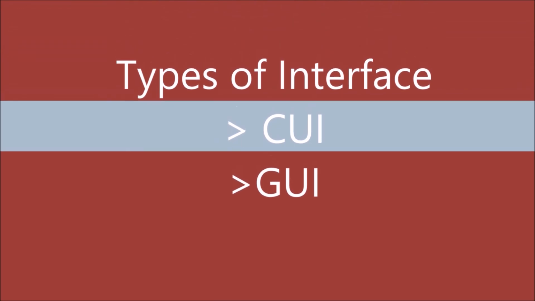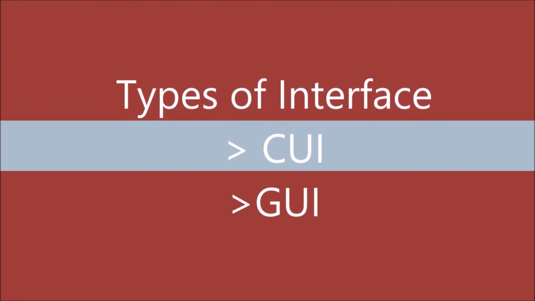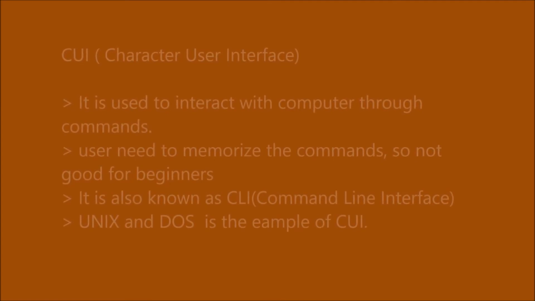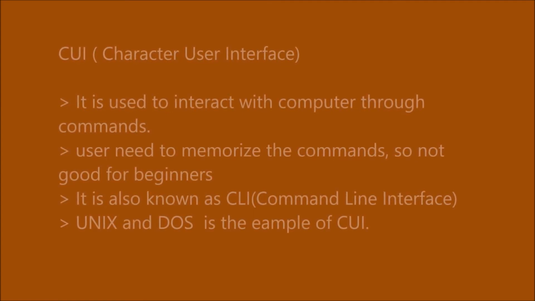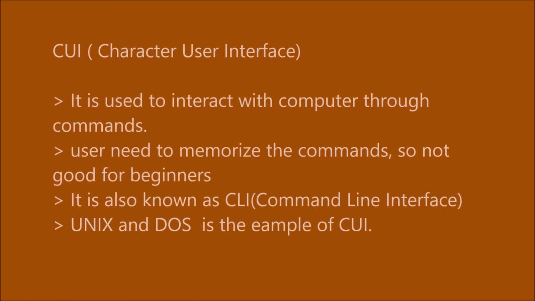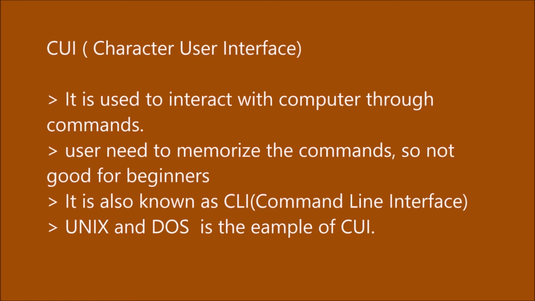Now, we'll discuss two commonly used interfaces: CUI, Character User Interface, and GUI, Graphical User Interface. CUI requires the user to type commands in order to interact with the computer system.